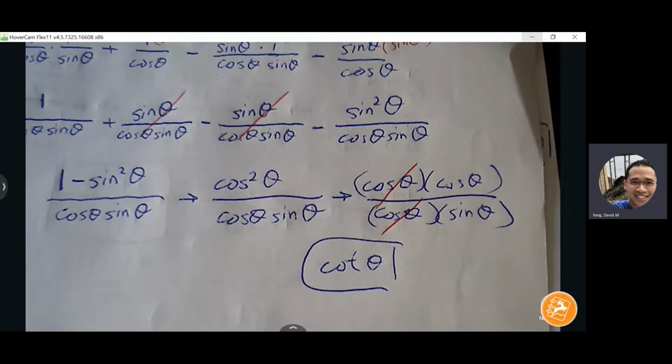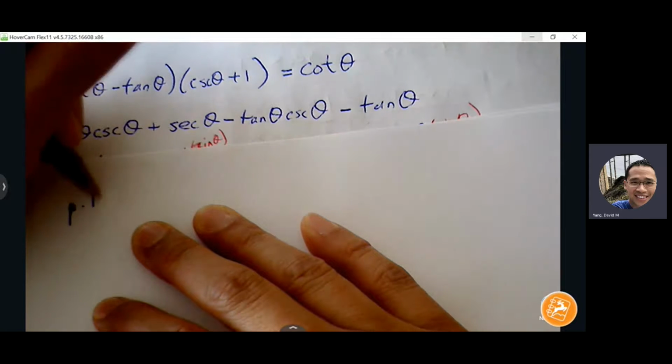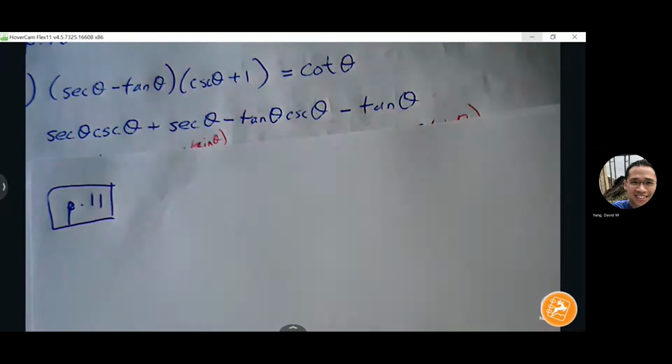Okay, page 11. What's the main format of the quiz?